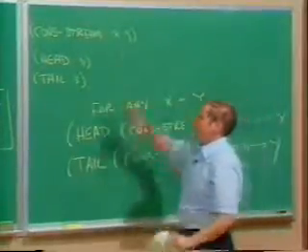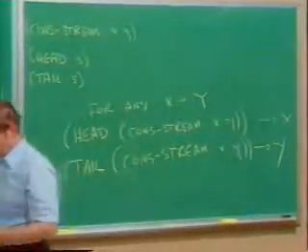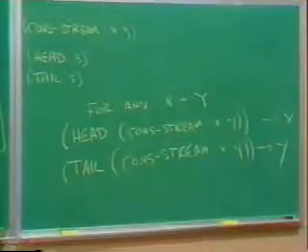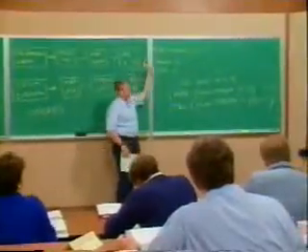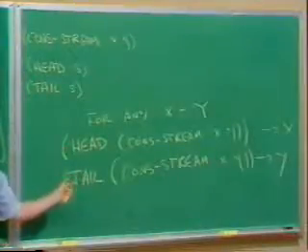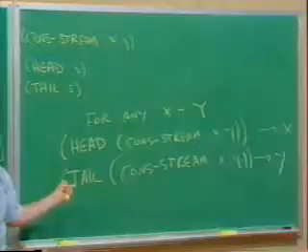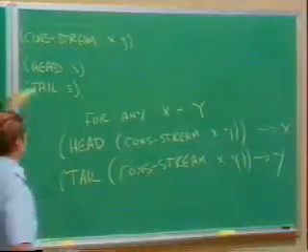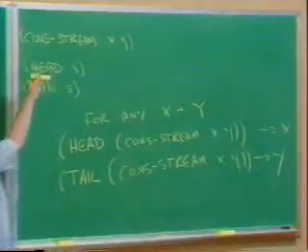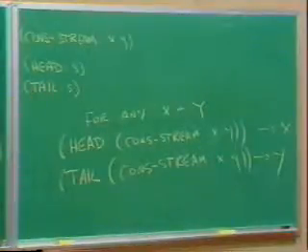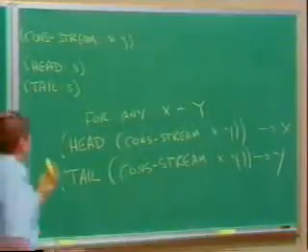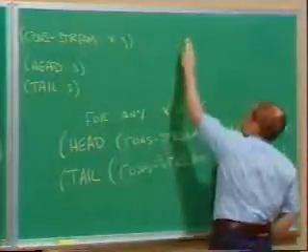So those are the constructor, two selectors for streams, and an axiom. There's something fishy here. You might notice that these are exactly the axioms for const, car, and cdr. See, if instead of writing constStream, I wrote const, and I said head was the car and tail was the cdr, those are exactly the axioms for pairs. And in fact, there's another thing here. We're going to have a thing called the empty stream.